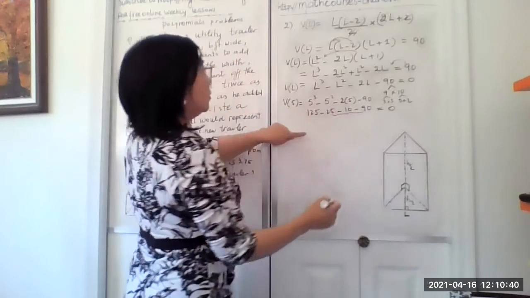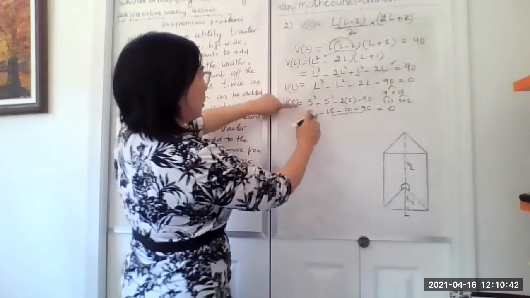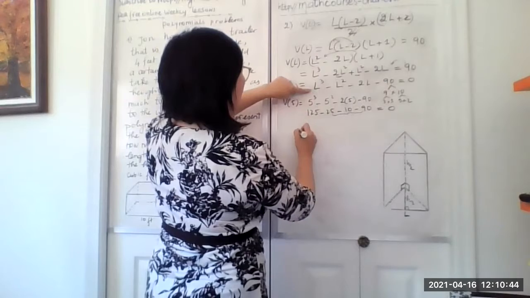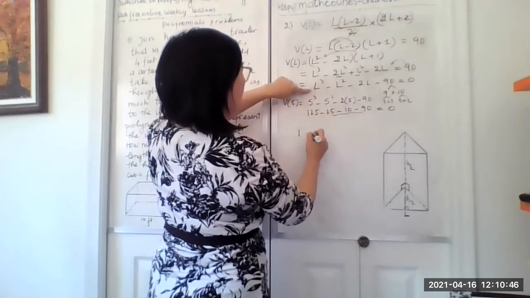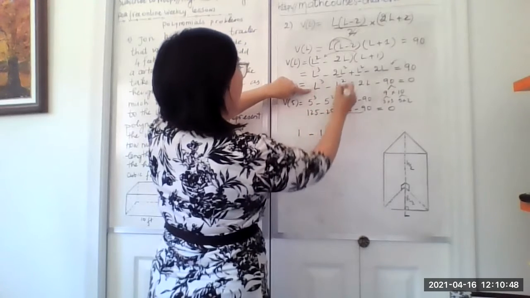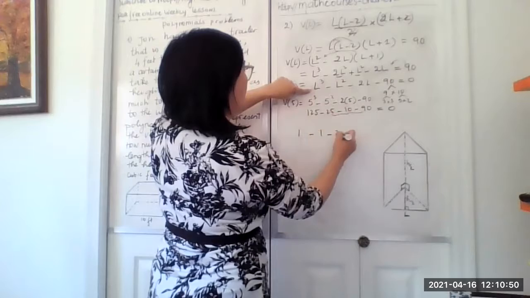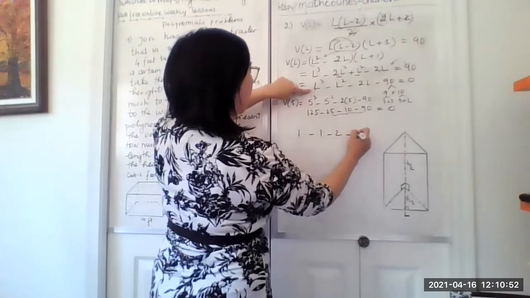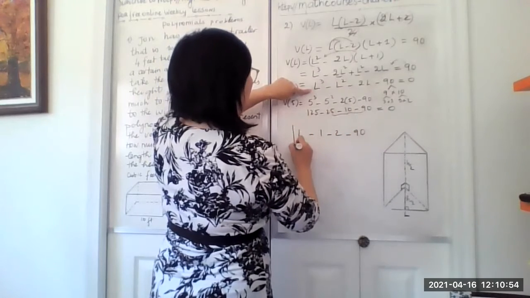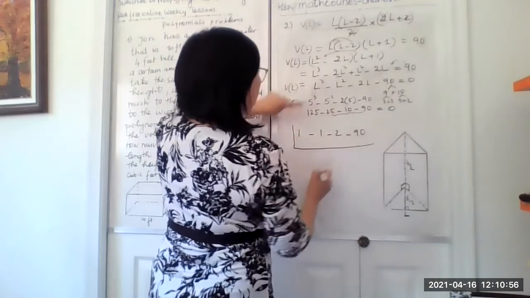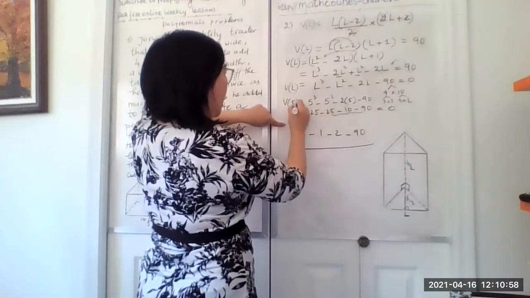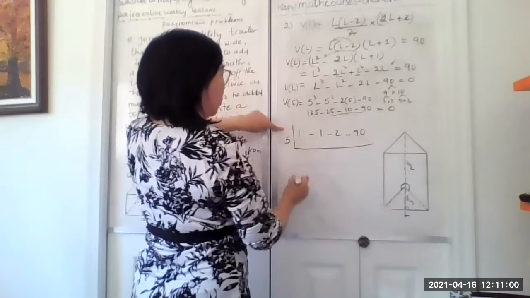So I'm going to use synthetic division, right? This function has 1 for L cubed, minus 1 for L squared, minus 2 for L, and minus 90. I'm going to use synthetic division to make it quick, and our factor is 5, I put in here.